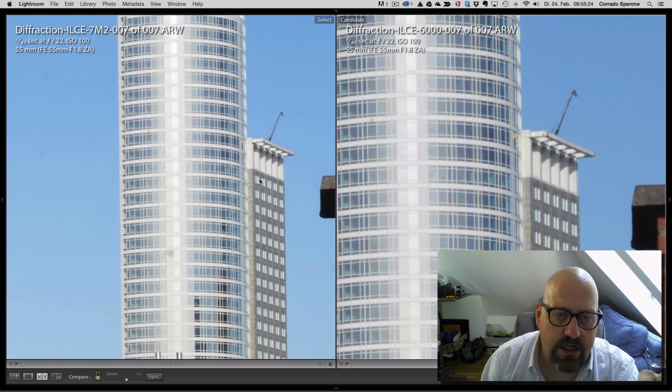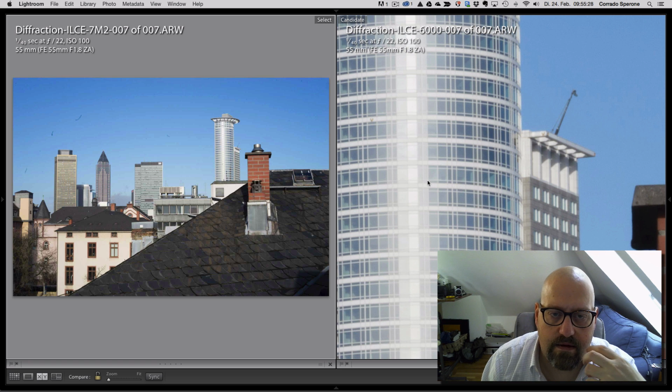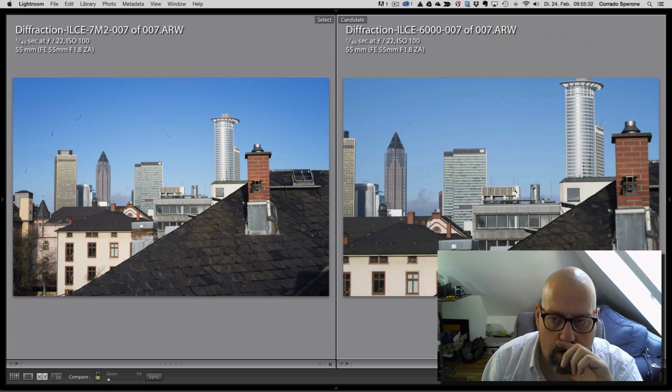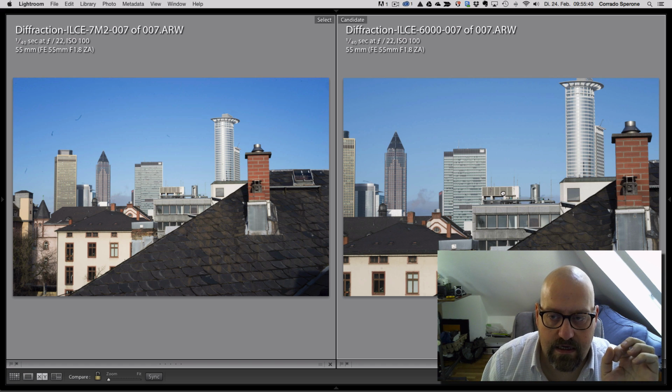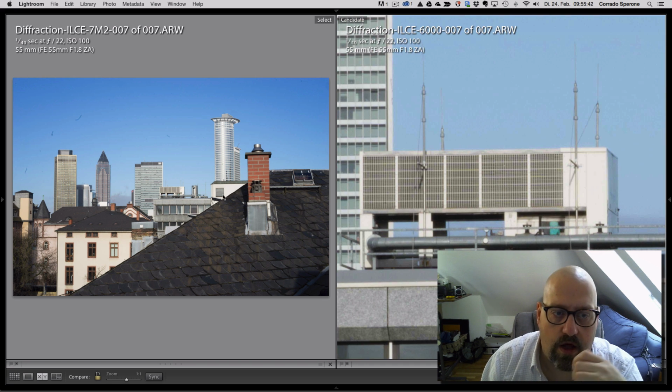So the degradation does also depend on the density of the pixels on the sensor. So having the same 24 megapixel pixel count, but on a larger sensor, obviously the density is higher on the smaller sensor camera.